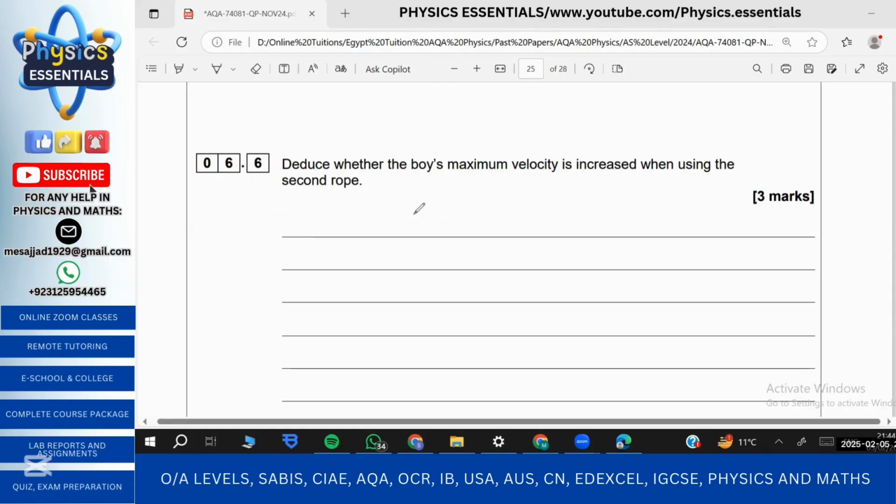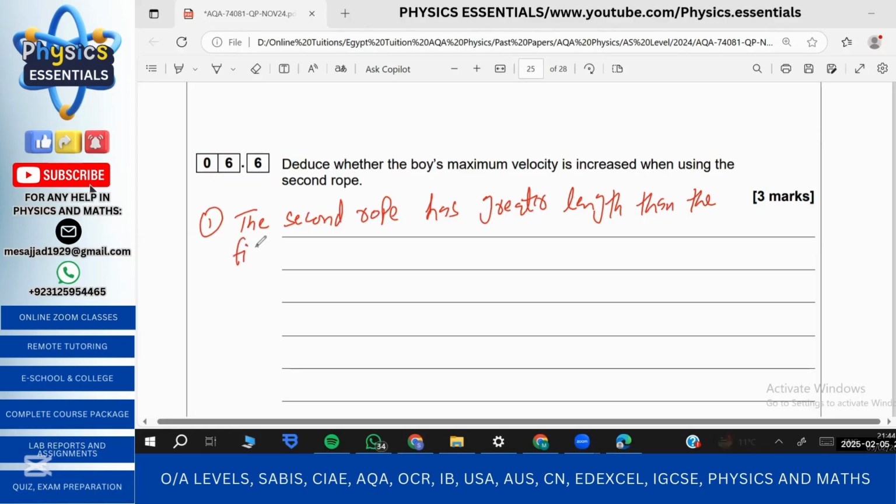So first of all, we are going to write that the second rope has greater length than the first rope.